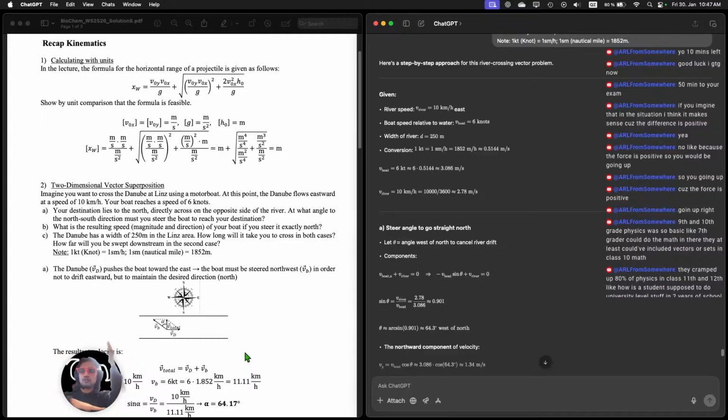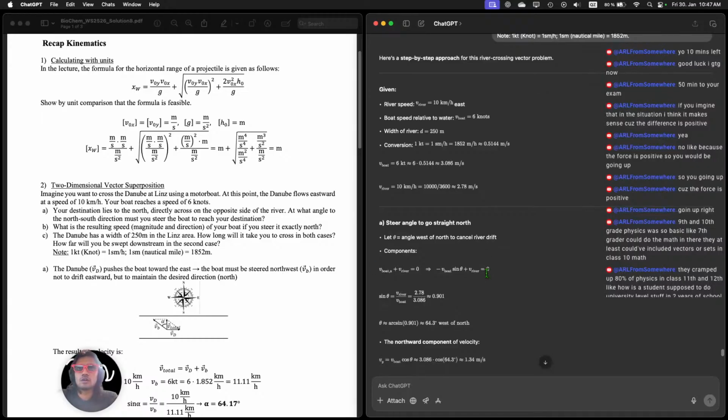This is sine. Okay. Sine theta is opposite by velocity of boat.